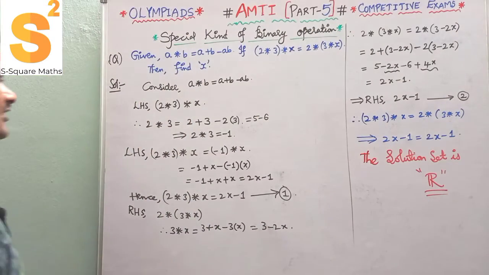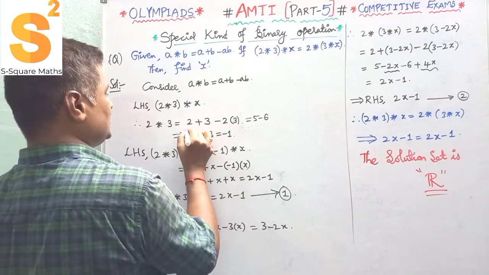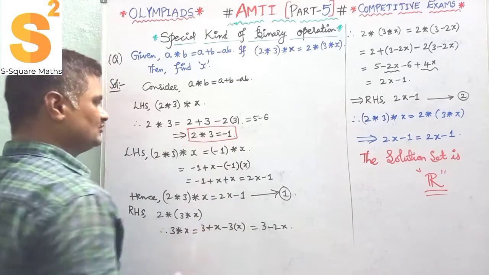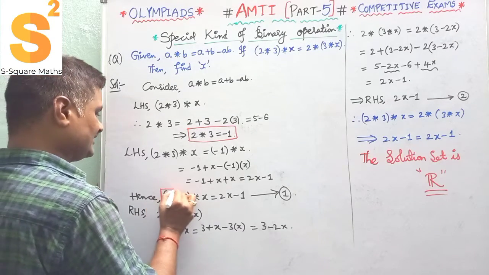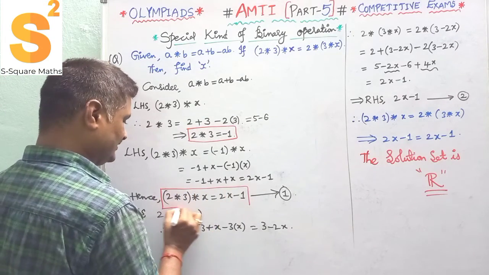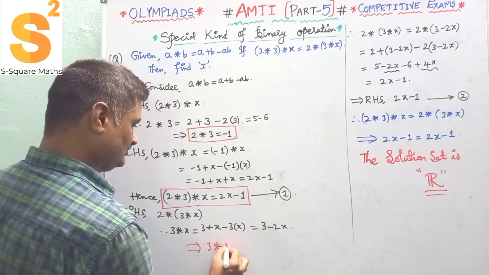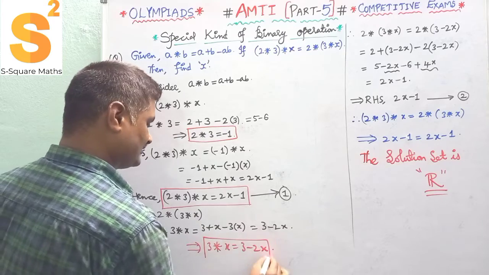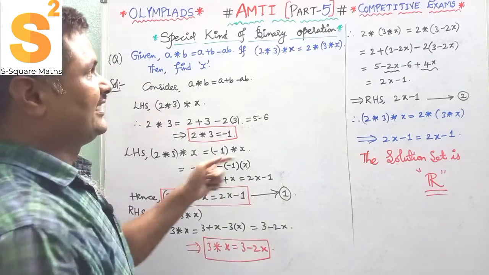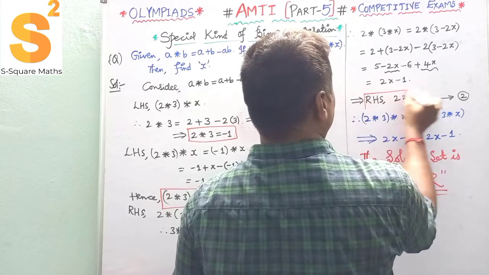Okay. So now this is our 2 star 3 is equal to minus 1 that I got here, and this is our LHS part. And this is nothing but our 3 star x is equal to 3 minus 2x, and this is our RHS.